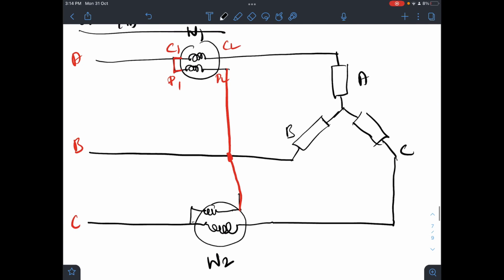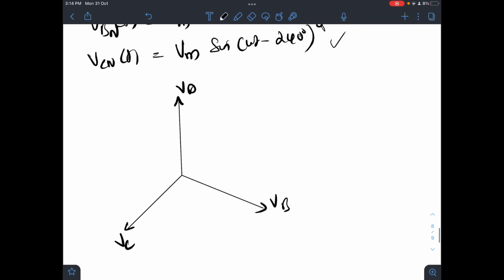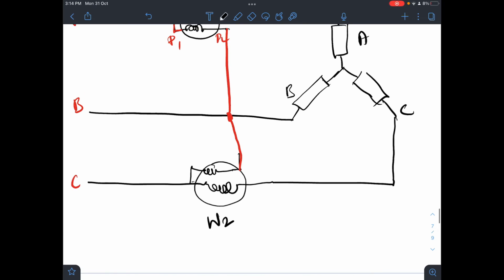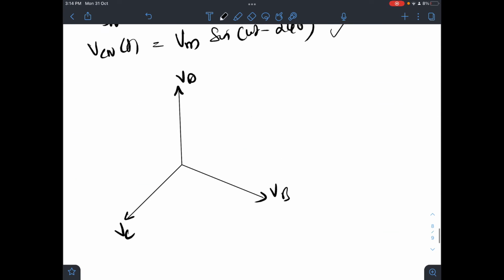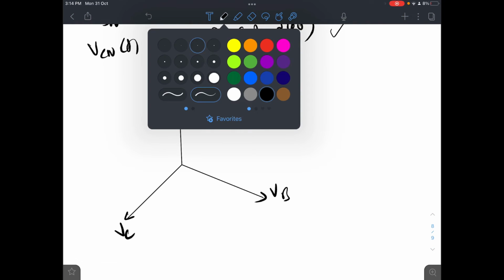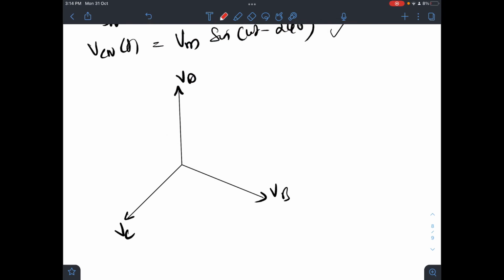Now depending on the load, I will have the current as well. These are impedances, so the current can be lagging. Let us take that the current is lagging. I am going to show that lagging part here. This is what I am going to draw as my IA.